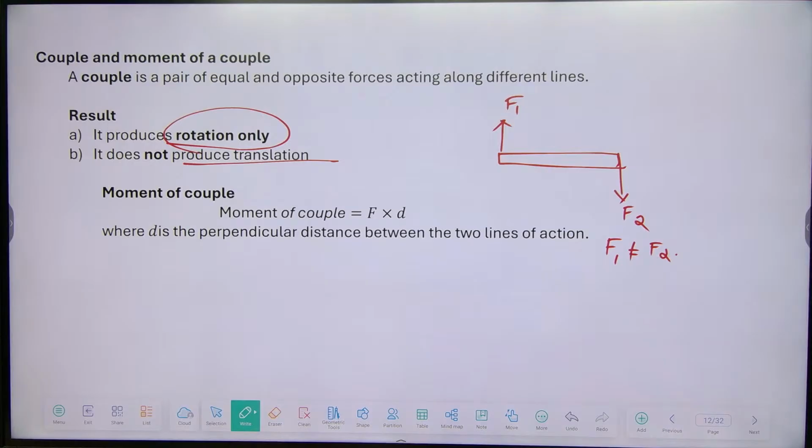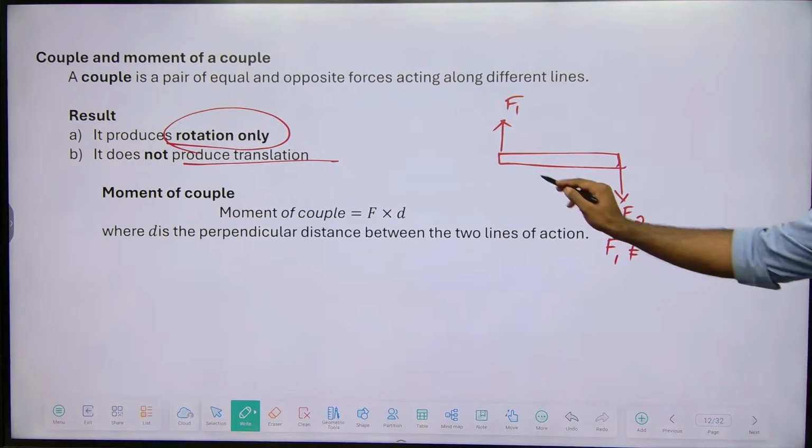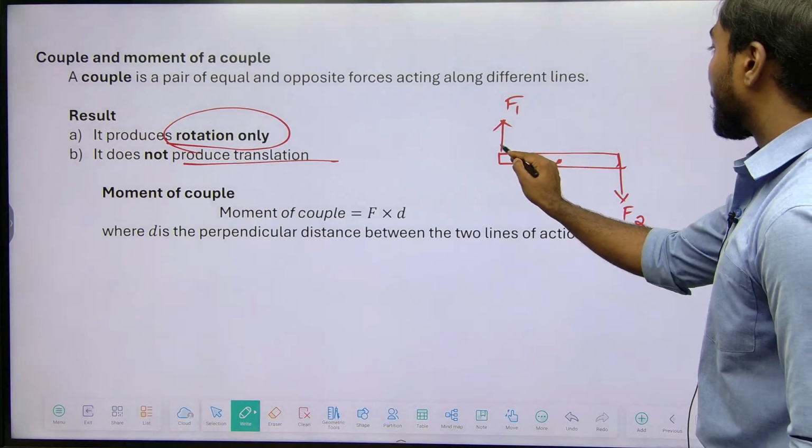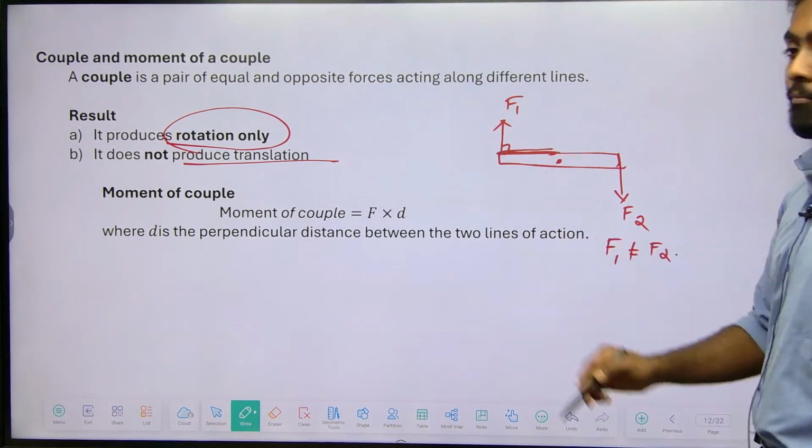Take down: it is nothing but exactly the center point, the perpendicular distance. So this is my D.